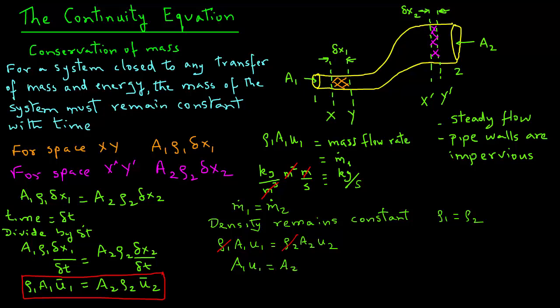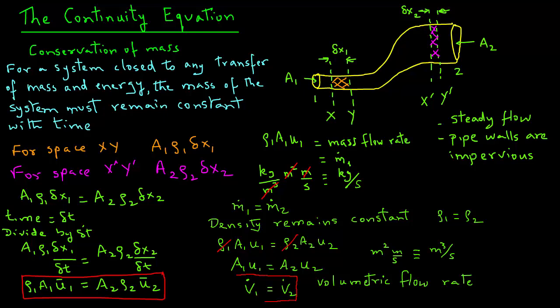This A1 u1 is the volumetric flow rate, and we will express that as a capital V with a dot. If you look at the units, note that area is meter square, u is meter per second, so the units for volumetric flow rate are cubic meter per second. So again, in case of our equation of continuity, we have the volumetric rate remaining constant under steady state conditions.